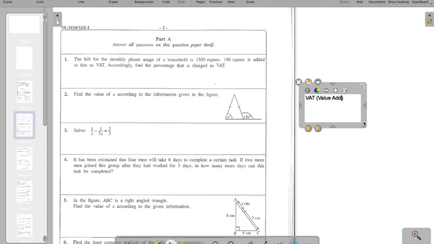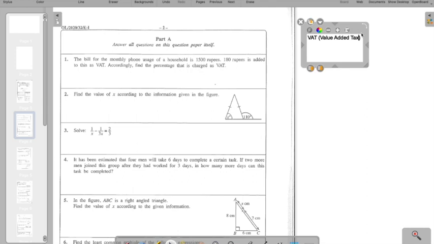Value added tax. Right, so now what you have to understand here is that when you consider the bill for the monthly phone usage, the total is 1500, right? And 180 rupees is added as the VAT.